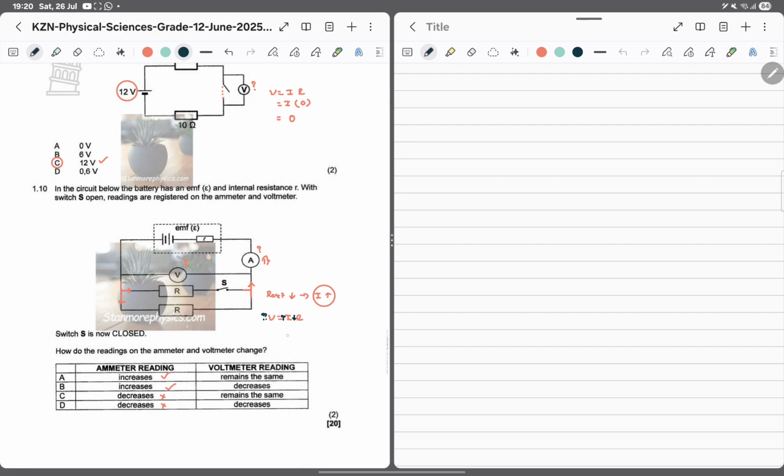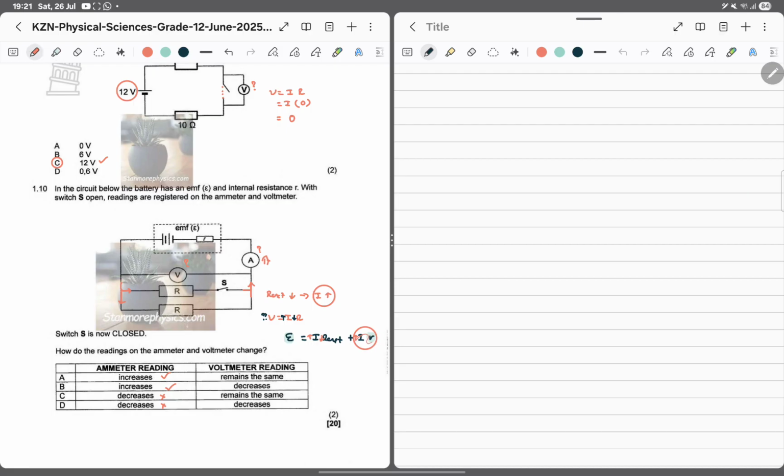But if we take the partners in crime together, E is going to be I times the external resistance plus I times the internal resistance. Now we saw I is increasing, whereas R decreased there. Now here, we start to see what happens, because r is a constant and E is a constant.